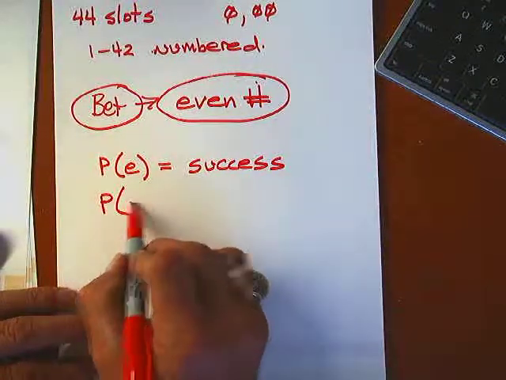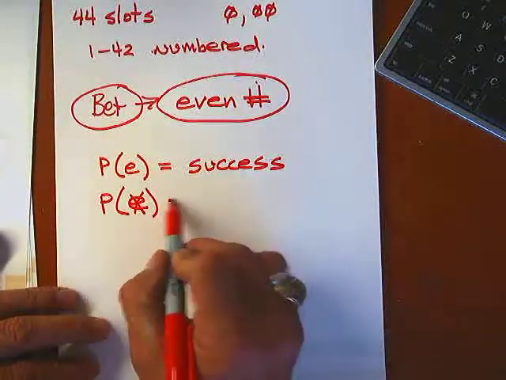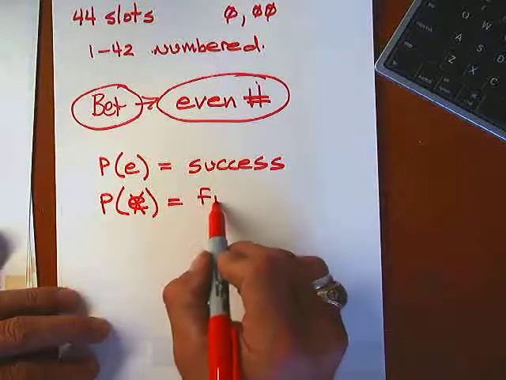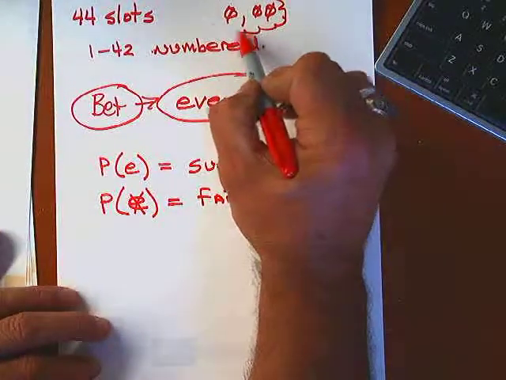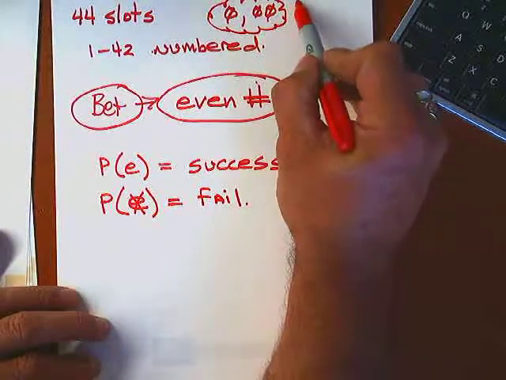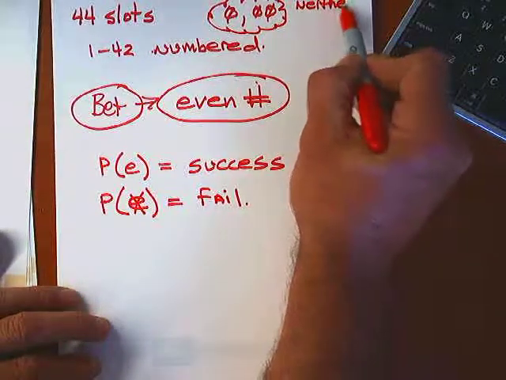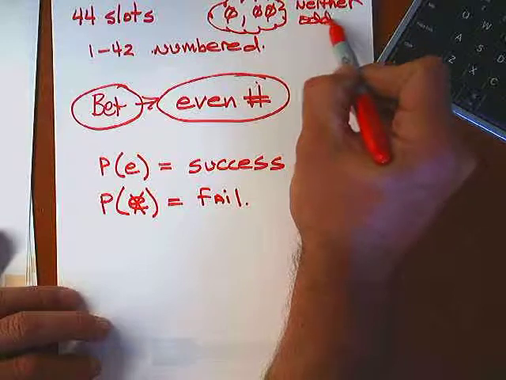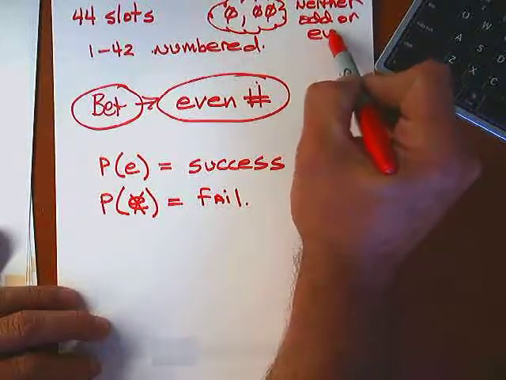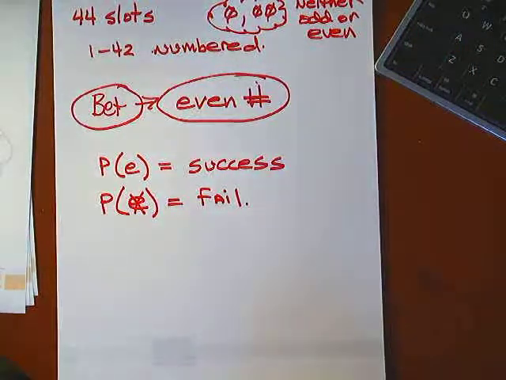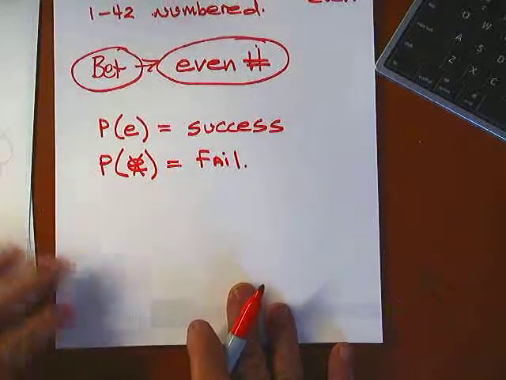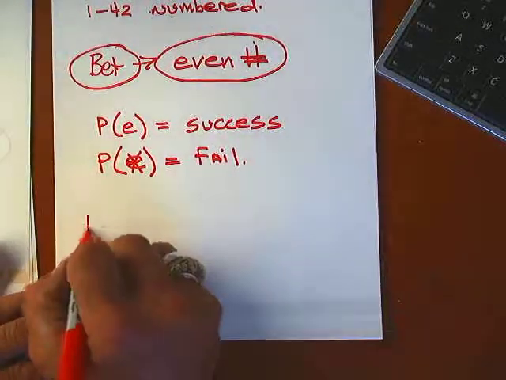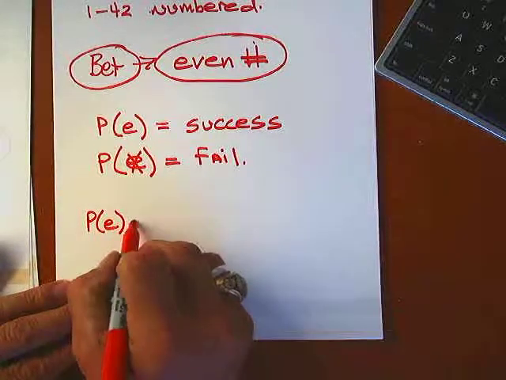And they want to know, you are placing a bet, and your bet is that the outcome is an even number. Okay, so right there, when you're making a bet that the outcome is an even number, then what you're saying is that you want the probability of an even number.